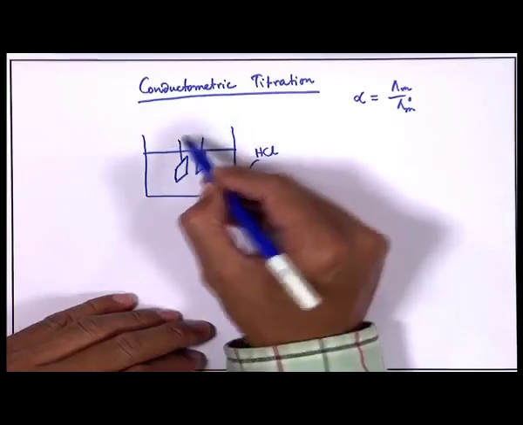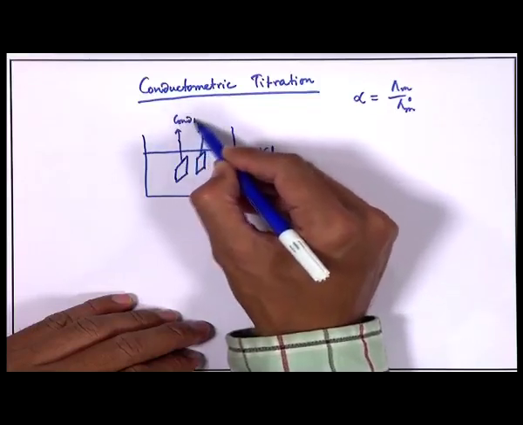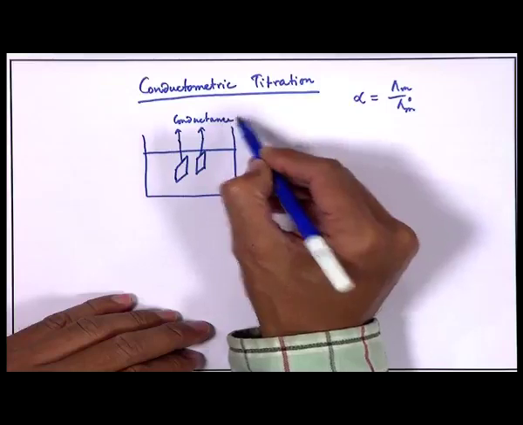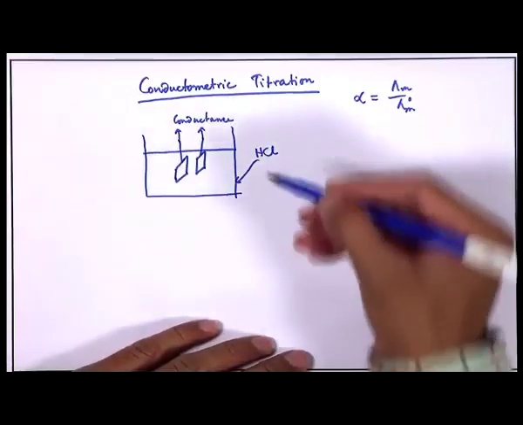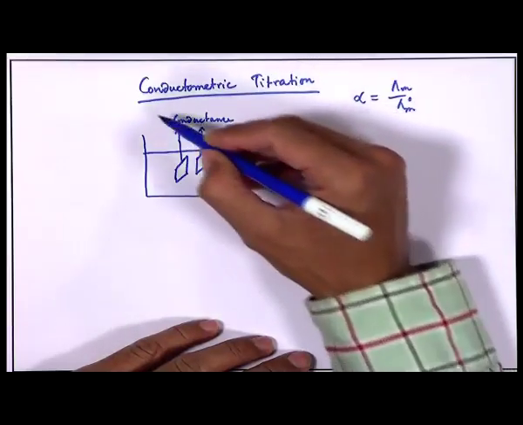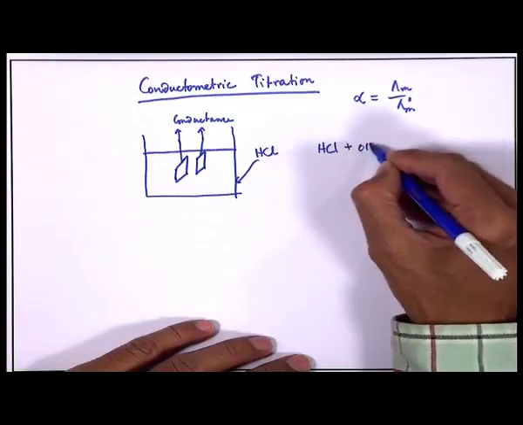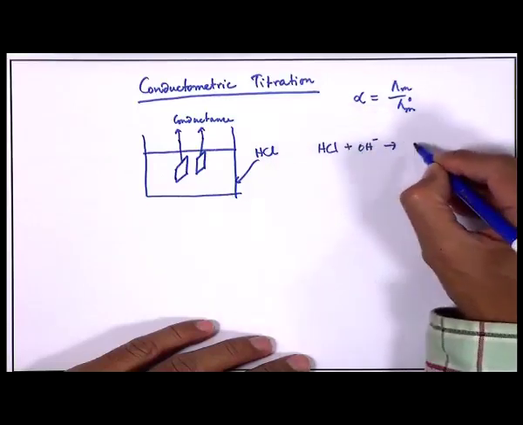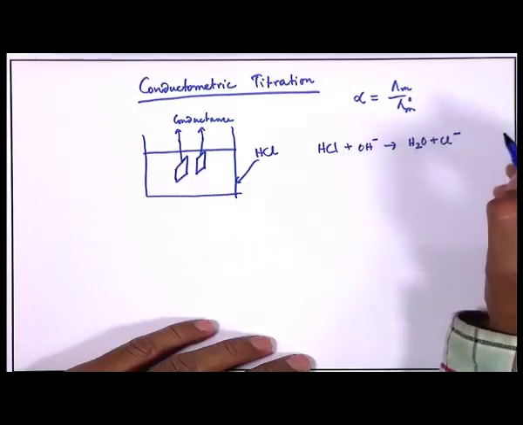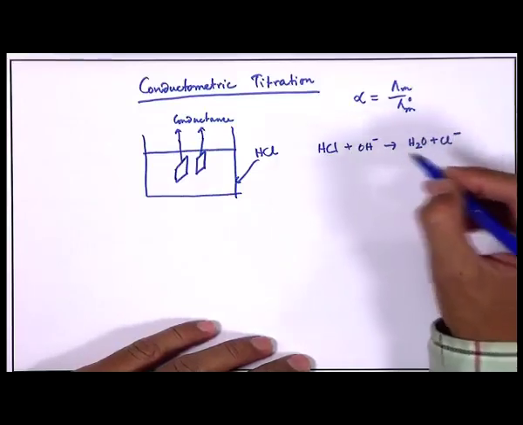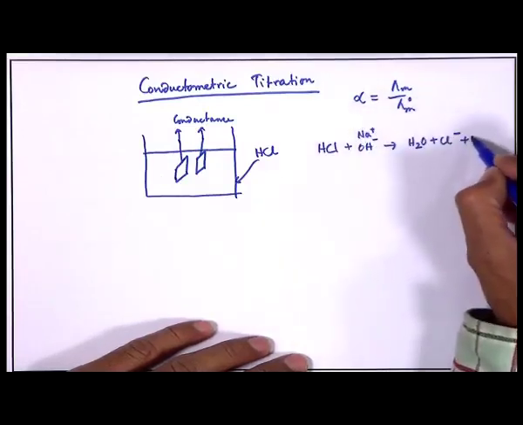Then you measure the conductance as a function of added titer. Because it is an acid base titration, HCl plus OH minus gives you H2O plus Cl minus; if it is NaOH, then you will also have Na plus.